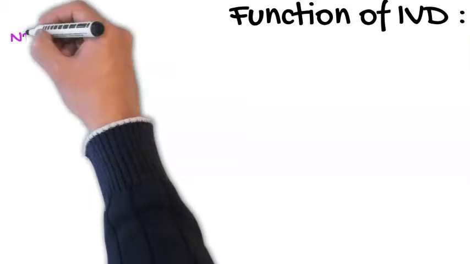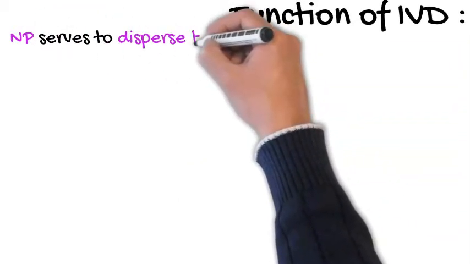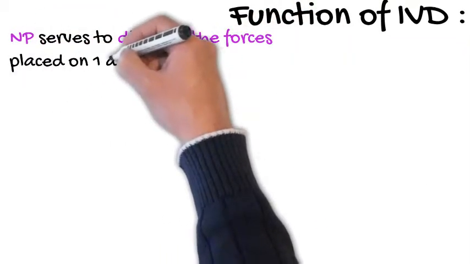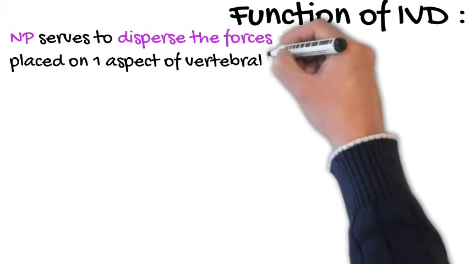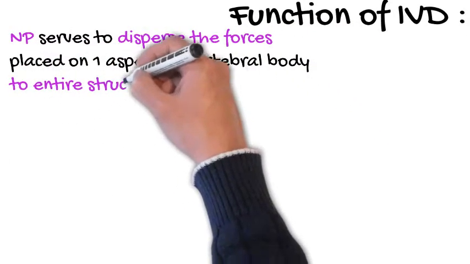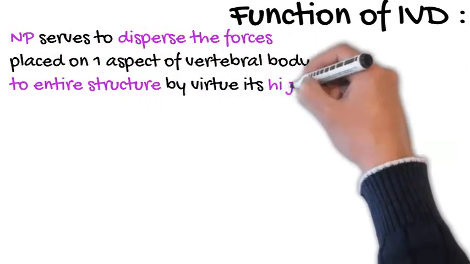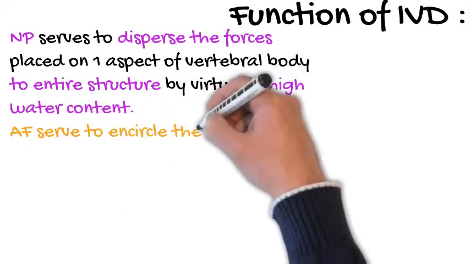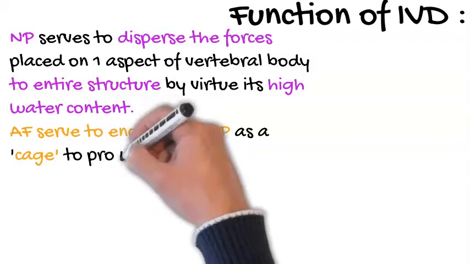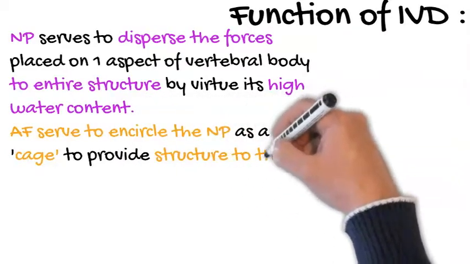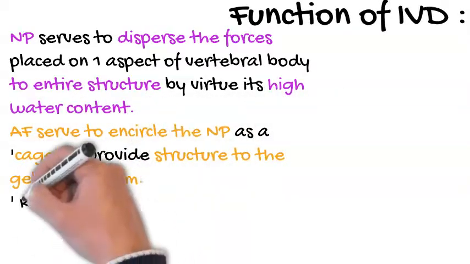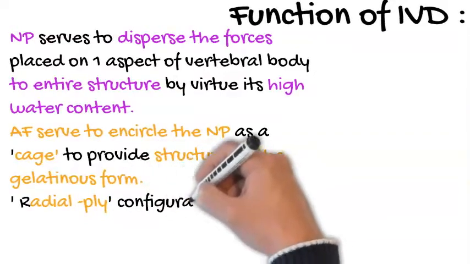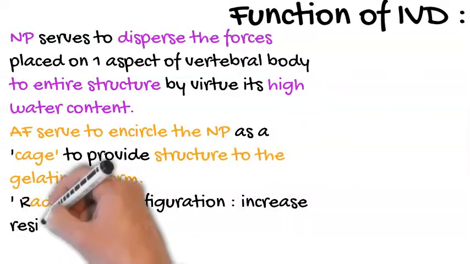What is the function of the intervertebral disc? Within the disc itself, the separate components serve different purposes. The nucleus pulposus serves to disperse the force placed on one aspect of a vertebral body to the entire structure by virtue of its high water content.